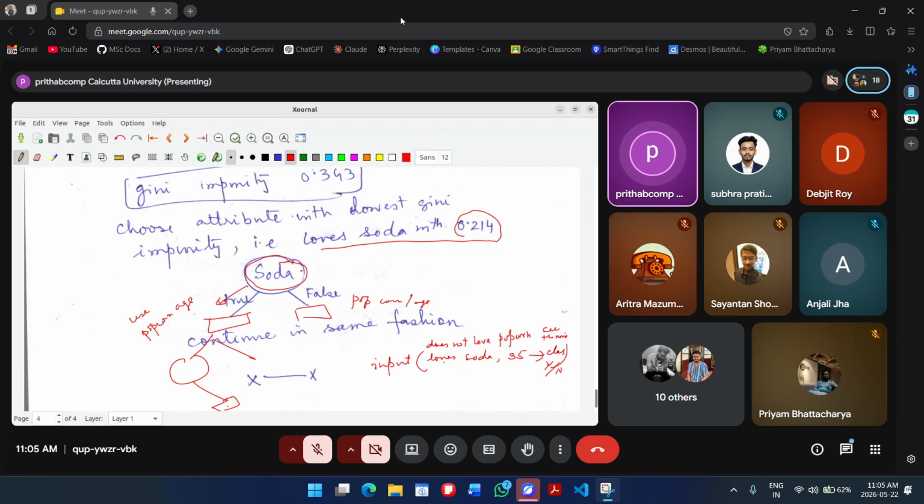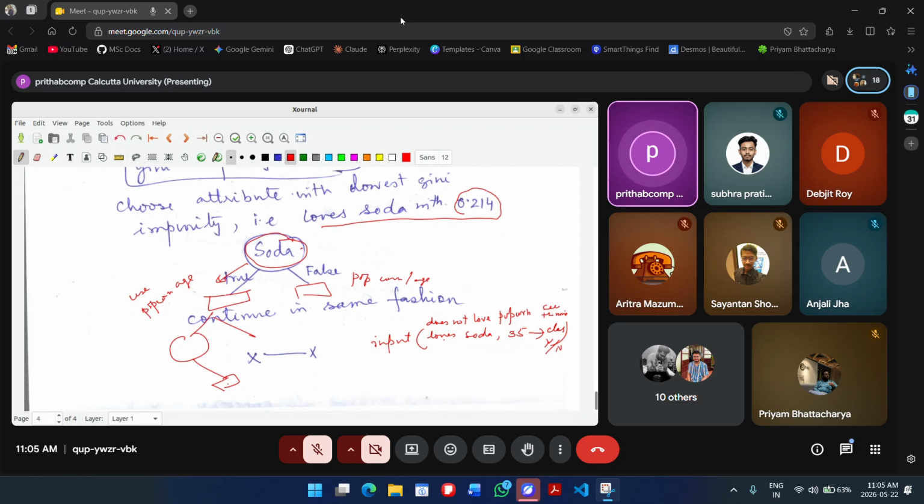Okay, so this is how a decision tree is made, and how new data is used to predict a class for new unobserved data: you simply traverse the decision tree by looking at the decisions at every node, and finally when you reach the leaf, you will get a pure class over there, and that is the class of that particular input. Okay, so this is how you classify in a decision tree.